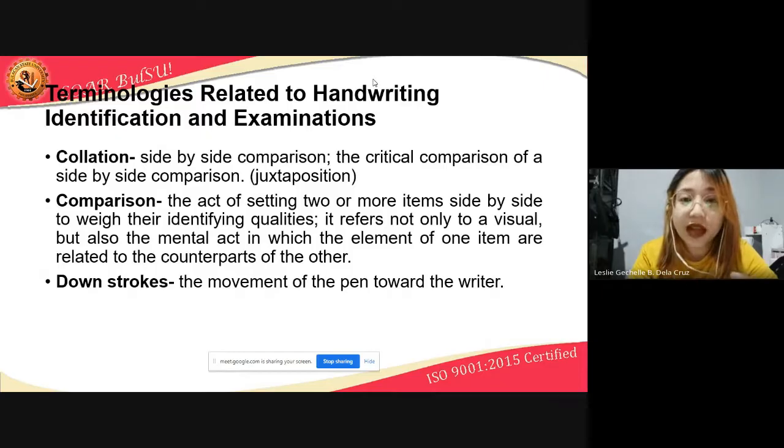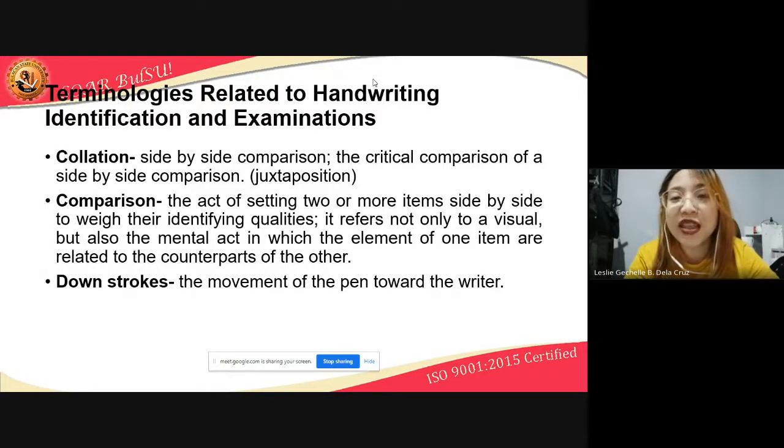You measure kung ano yung pagkakaiba nila visually kapag tinignan mo sila. Okay? And also mentally. Yun na ngang magkakaroon ka na ng rationalization kung bakit parehas sila o hindi sila parehas.